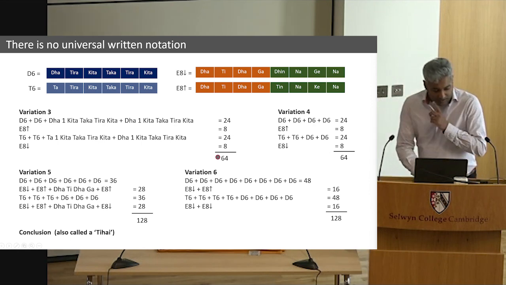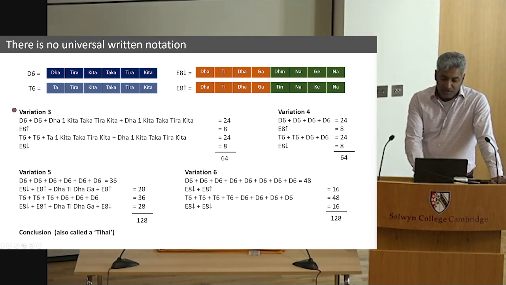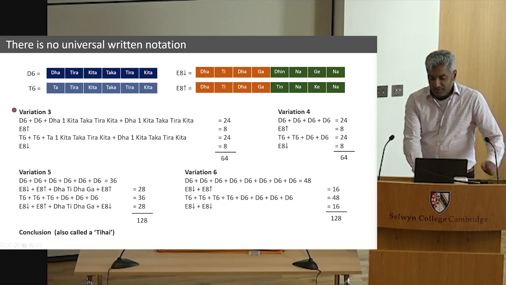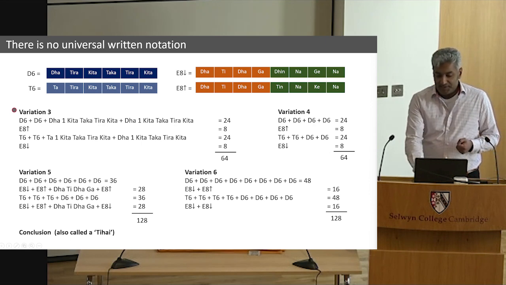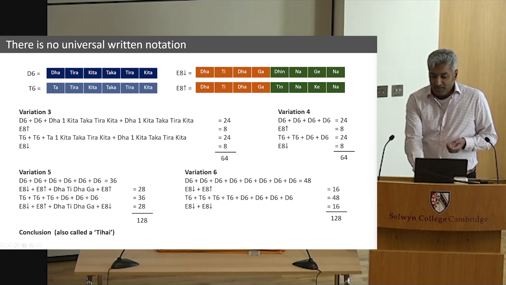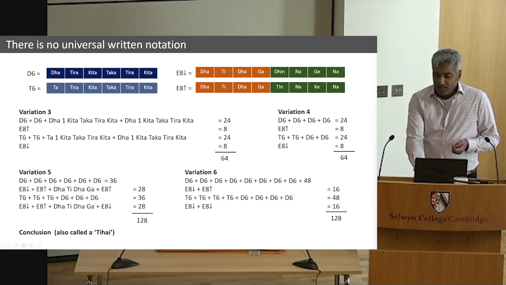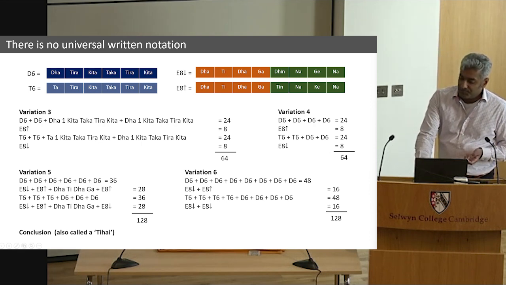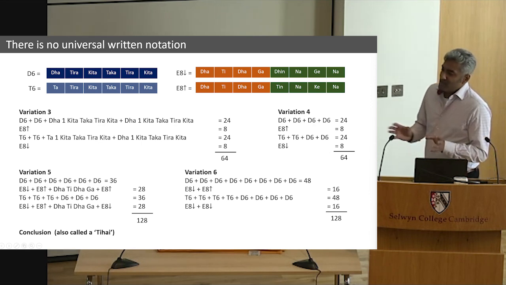Here's variation 3, where 64 is composed of 24 and 8. The 24 itself is composed of 6 plus 6 plus 4 plus 2 plus 4 plus 2. In this variation, you've got 6 plus 6 plus 6 plus 8. That's 32, and that's the way you put these together.